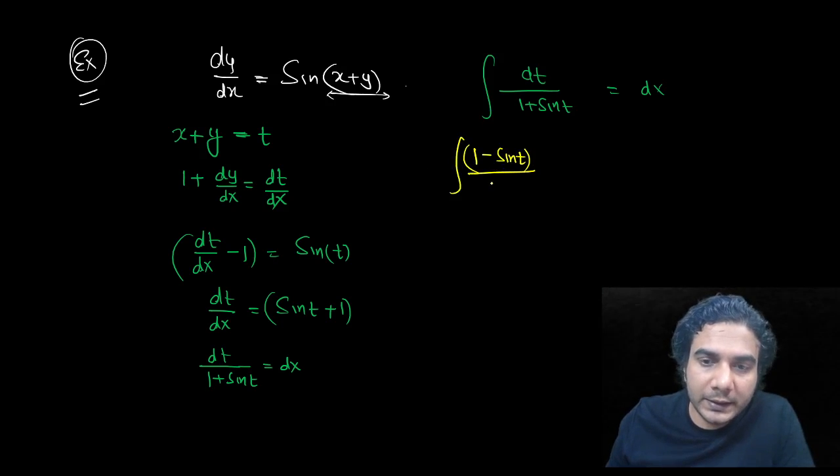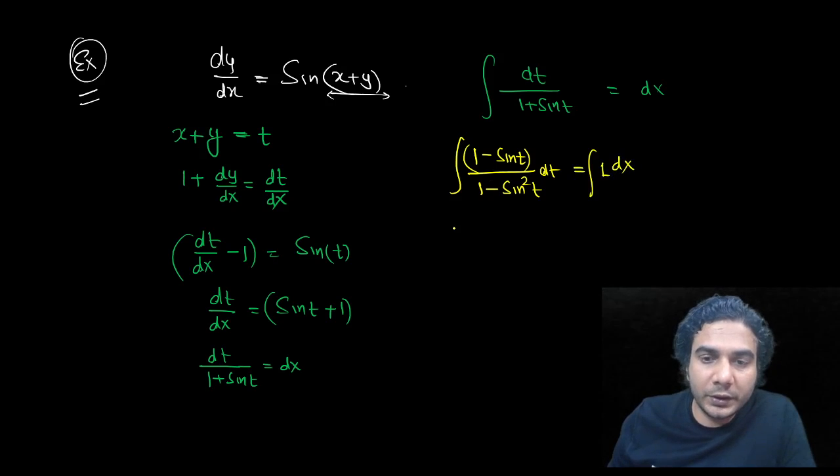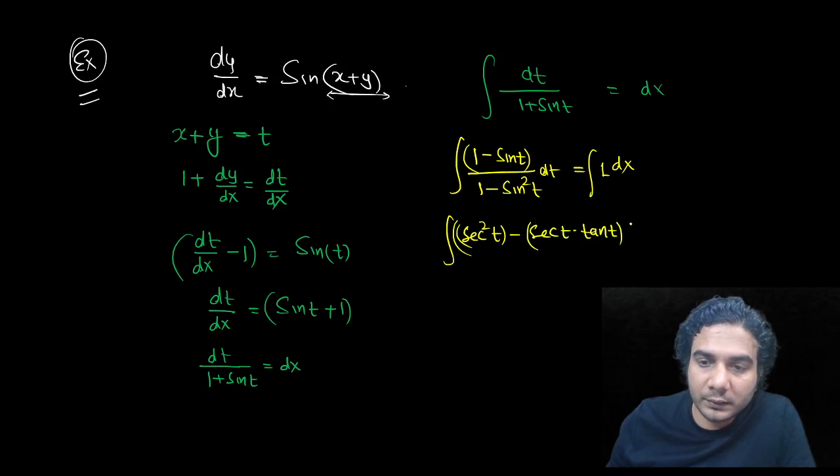1 minus sine t, and below it will become 1 minus sine square t. So we have multiplied and divided by 1 minus sine t, and this is dx. Now it is going to be cos square, so 1 upon cos square is sec square t, minus sin t upon cos square is basically sec t into tan t, dt, and integral of 1 dx.